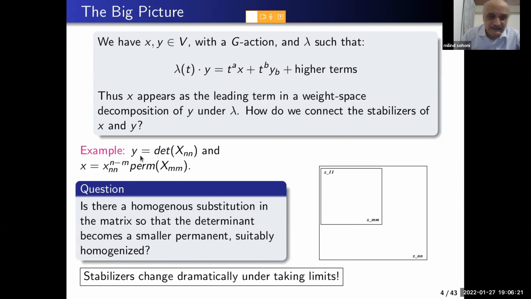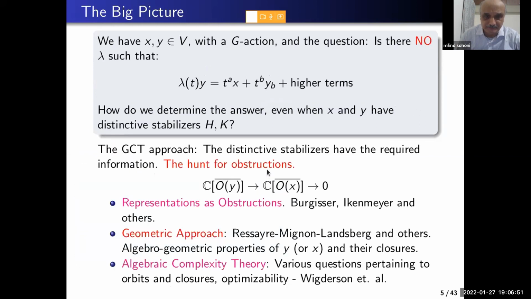We also know that the stabilizer of the determinant is a reductive group, while that of this homogenized permanent has a huge nilpotent part and has a core which is reductive. So really the question is whether there is a homogeneous substitution in the determinant which will give us a smaller permanent. The point is that stabilizers change dramatically under taking limits.